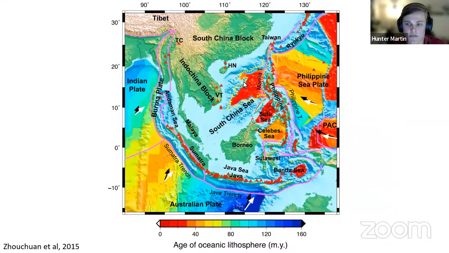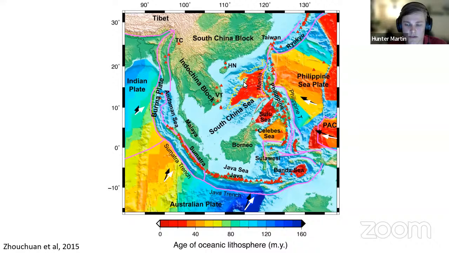Very briefly, I wanted to look at a map of lithospheric age along the Sunda Trench, the Sunda Java Trench. Near northwest Sumatra, the age of oceanic lithosphere ranges from approximately 40 to 60 million years. But we can see that there's an increase moving eastward towards Java.